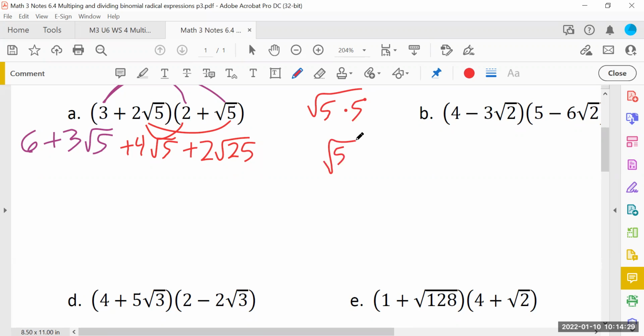No, you took the square root already. The square root's gone. Does that make sense? So don't do that. Square root of 5 times 5 is just 5. No square root left. So that means this right here, 2 times 5, this becomes just 10. Right? 2 times 5. No square root left over.